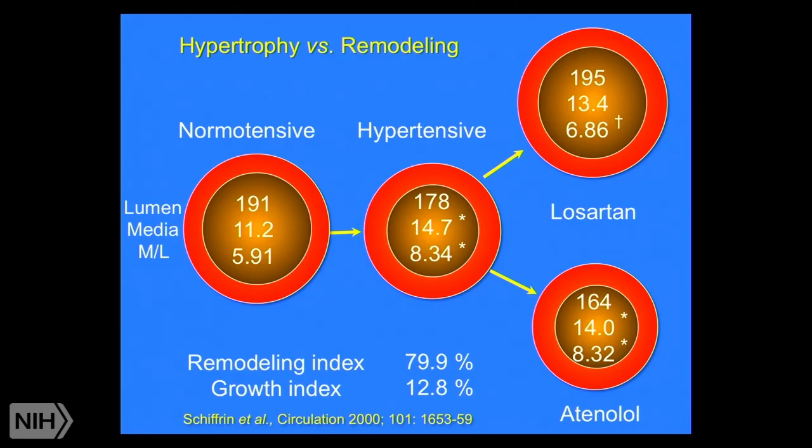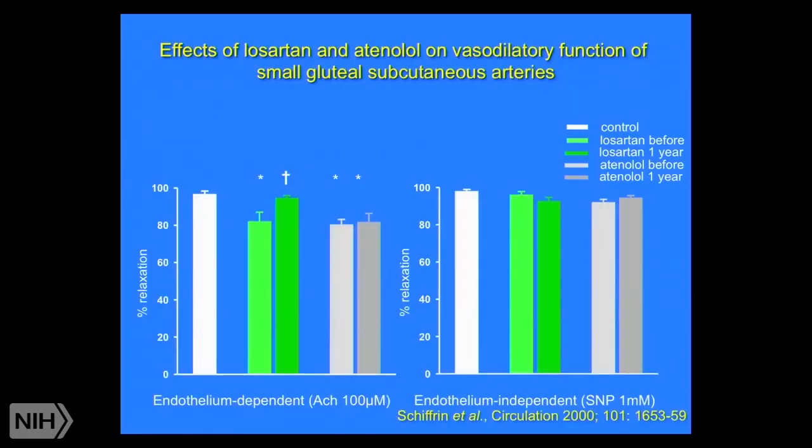Blood pressure is lowered, no change in structure or function of vessels. And I'll show you a couple more slides about these effects. Here, I'm just showing maximal responses to acetylcholine and sodium nitroprusside in these vessels. And you can see that under the ARB, there is total restoration of the endothelial function and no change under atenolol.